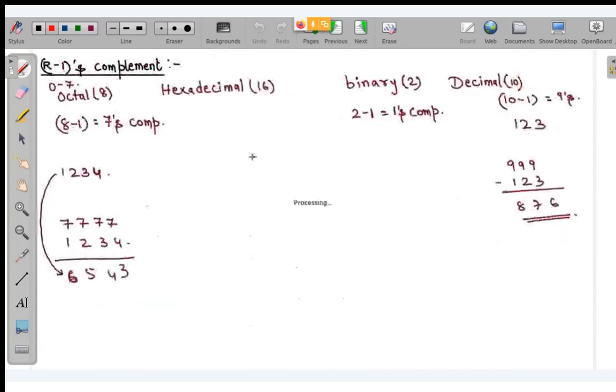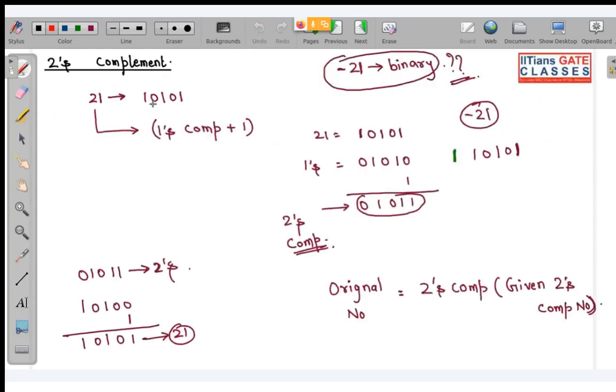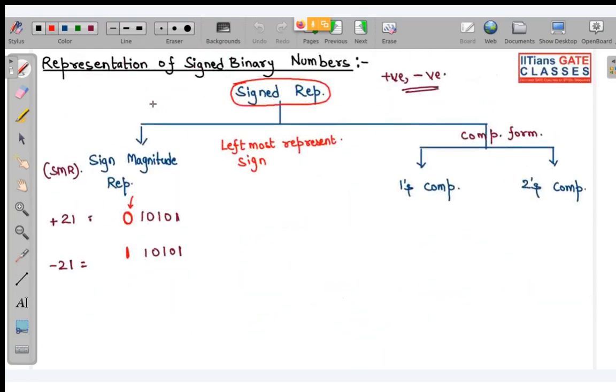In normal one's and two's complement, if they give you a normal sequence, this is not the case. Only in signed representation of one's complement and two's complement does the leftmost bit represent the sign, where 0 corresponds to a positive number and 1 corresponds to a negative number.